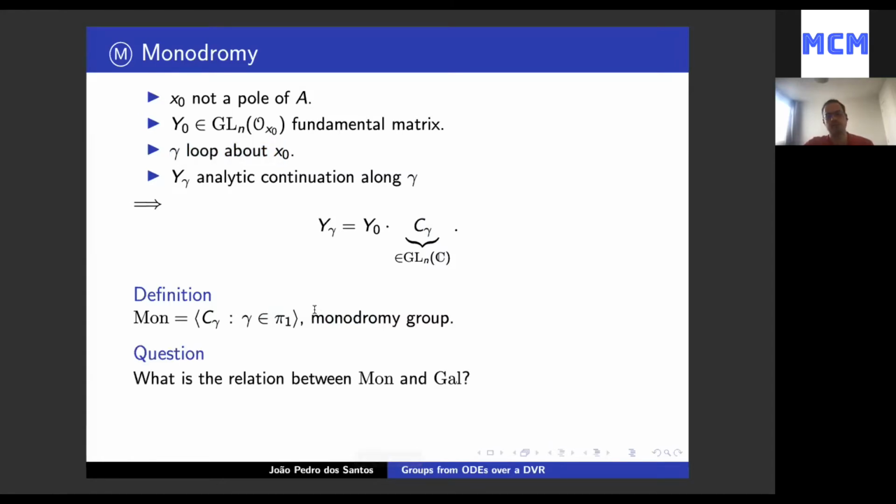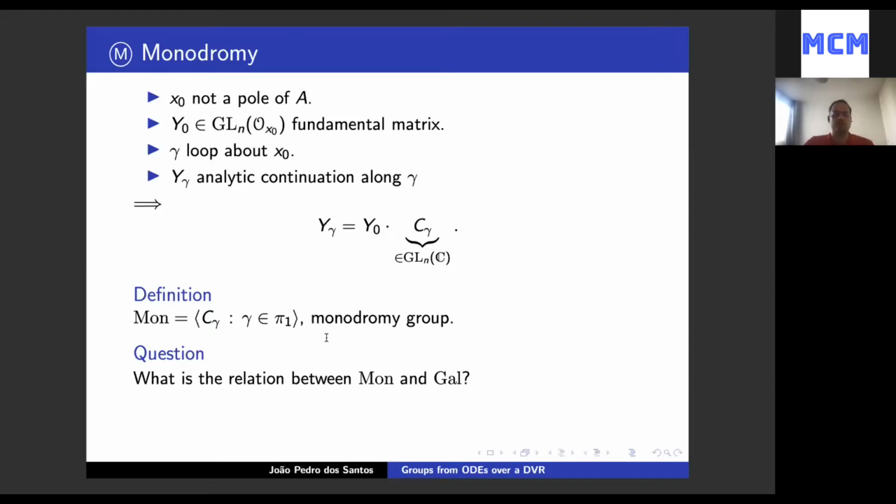And the most obvious question you can pose about it is, well, you had two groups, so what's the relation between them? One obvious difference is that the monodromy group is a discrete group. There is no reason for this group to be Zariski closed, and the other one, the Galois group, is of course Zariski closed. You might want them to be equal, but they cannot usually be equal.